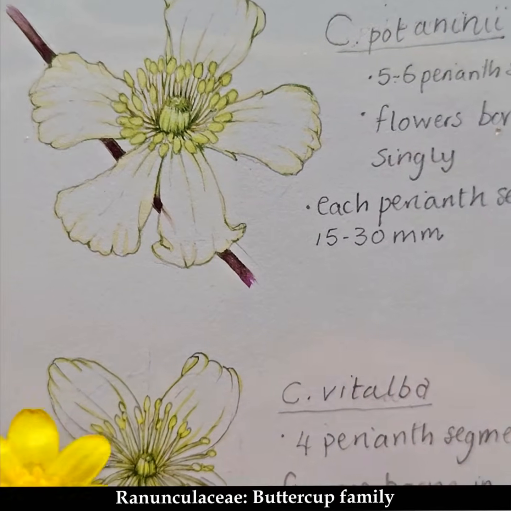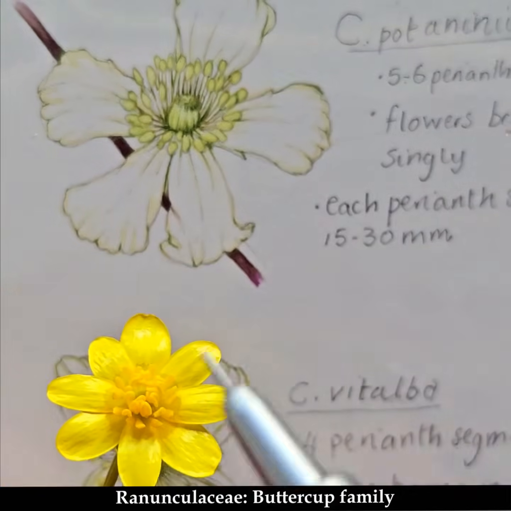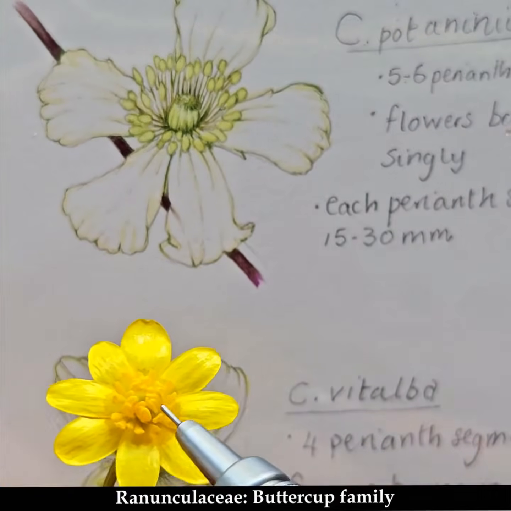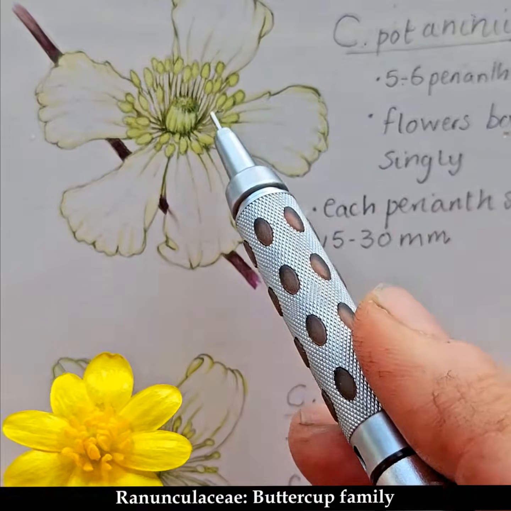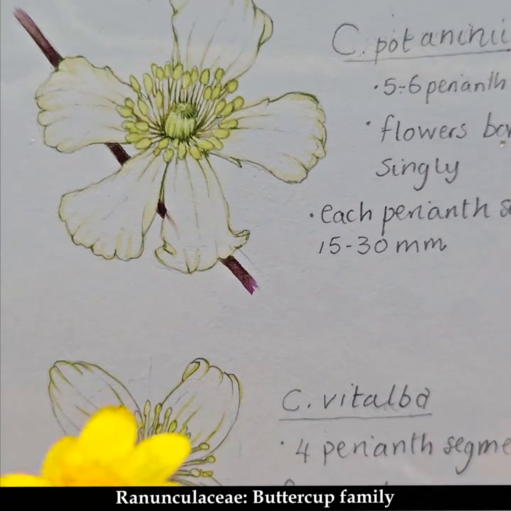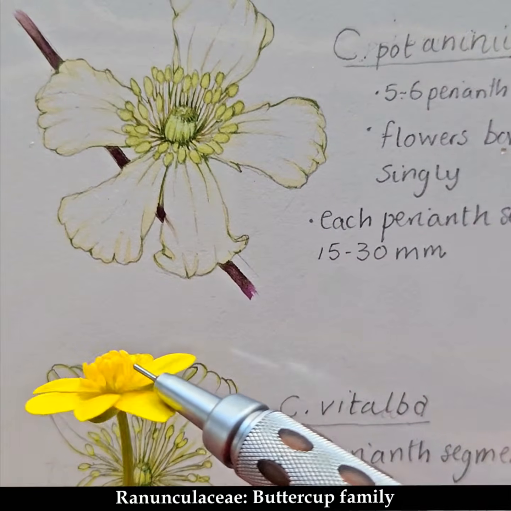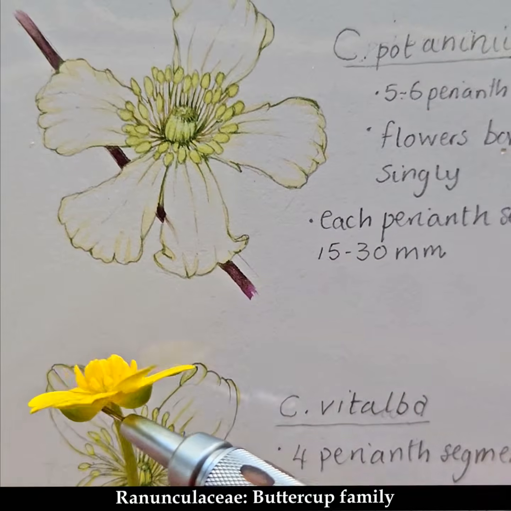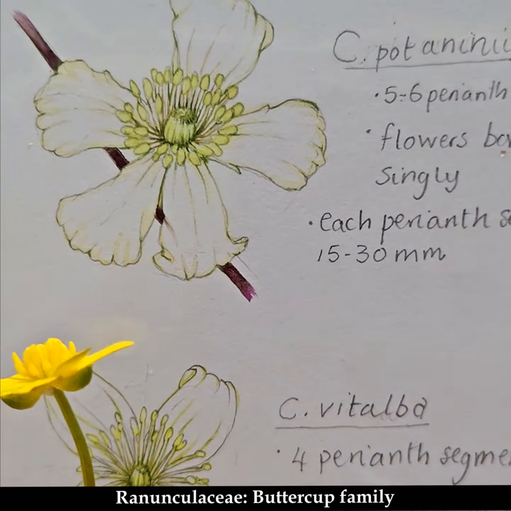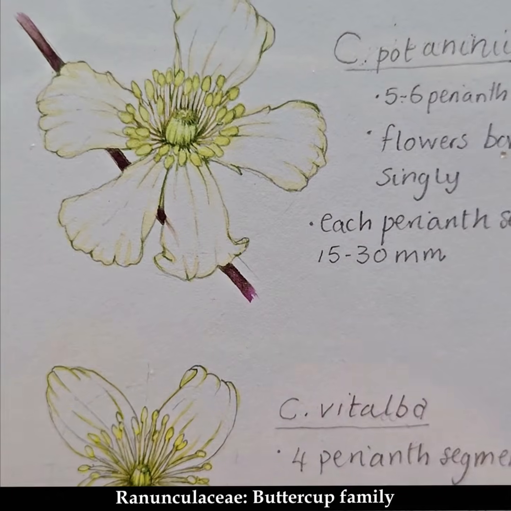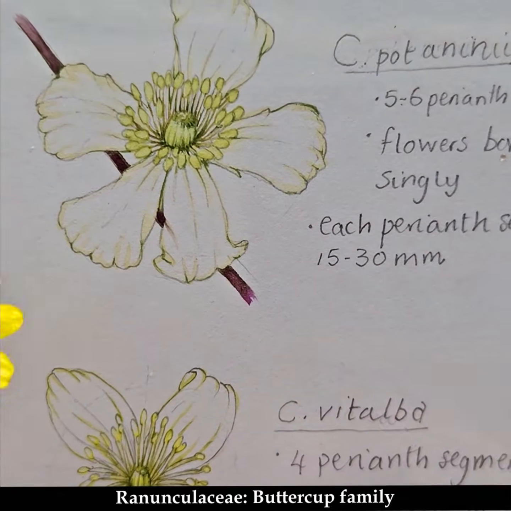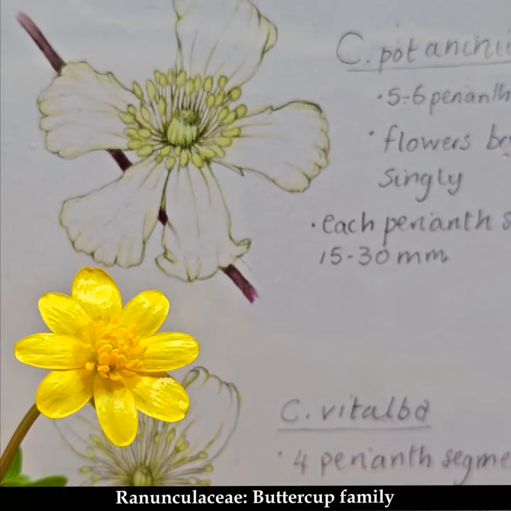And they have in the middle a dense cluster of stamens, which we've already talked about here. You can see them there, and you can also see them on this clematis illustration. They have a superior ovary, which we talked about. So the seeds are going to grow above the rest of the flower. And it includes things like marsh marigold and all the buttercups.